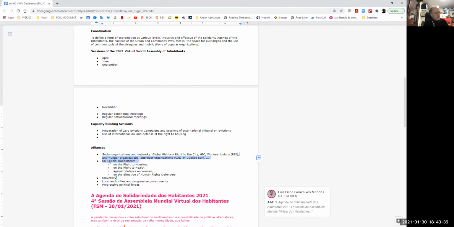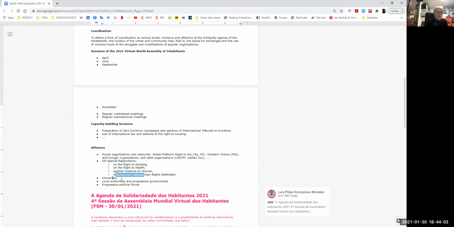And also a very important topic, the issue of debt. So CADTM, Jubileo Sur, etc. Another ongoing alliance already with the UN Special Rapporteurs on the right to housing, to health, against violence on women, and the situation of human rights defenders.